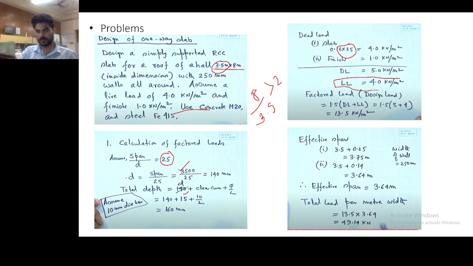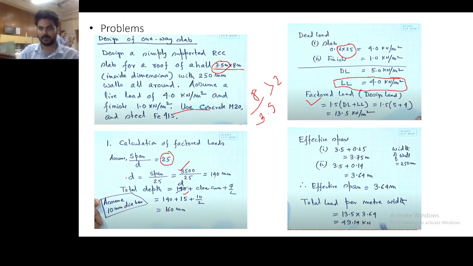You can consider 3 also, but 4 is the maximum possible, so we have considered the maximum possible. The factored load is 1.5 into the addition of these two, so it becomes 13.5. So the factored load we got from here.